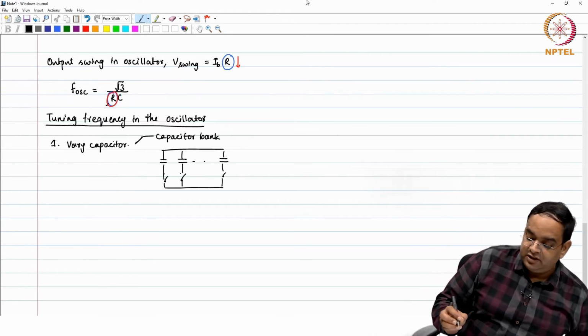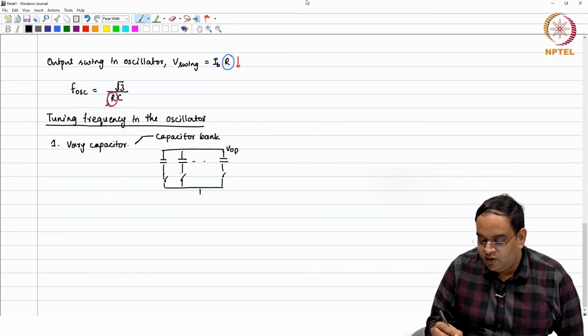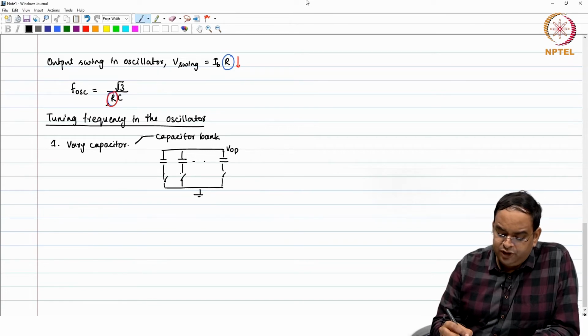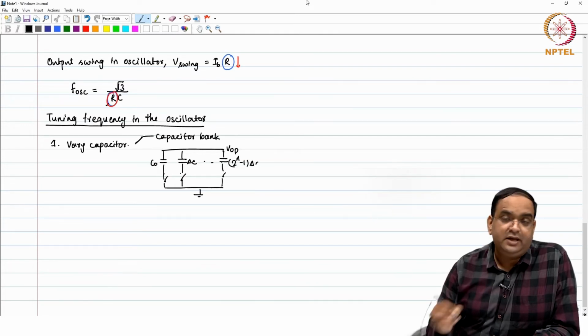So, if at each output node VOP and VON you had such capacitor banks, you can switch the values. You can have C naught, delta C and so on, and in a binary capacitor bank, you can have 2 power n minus 1 times delta C.